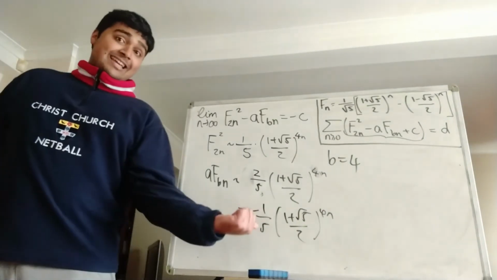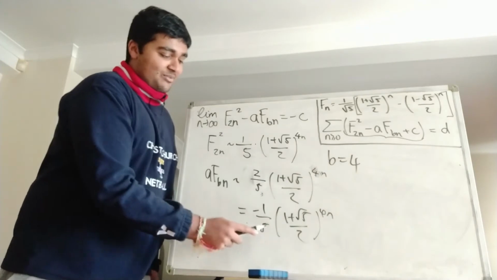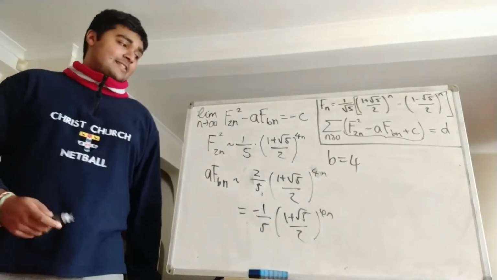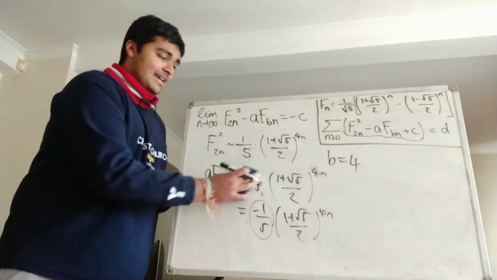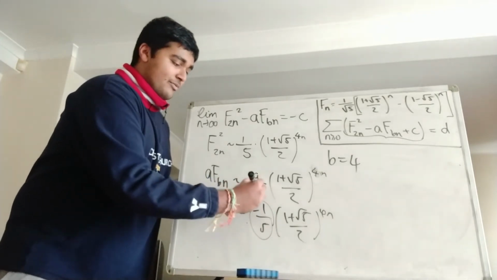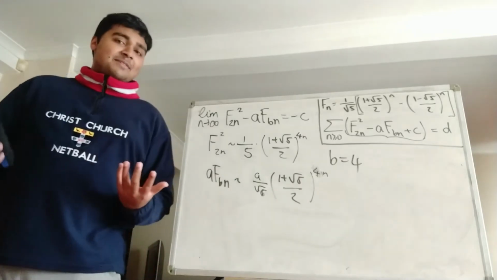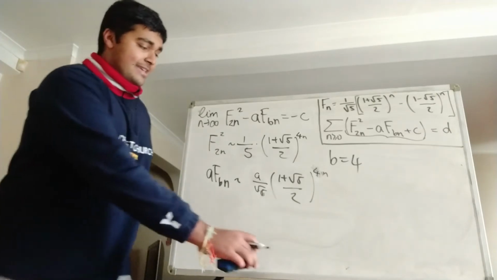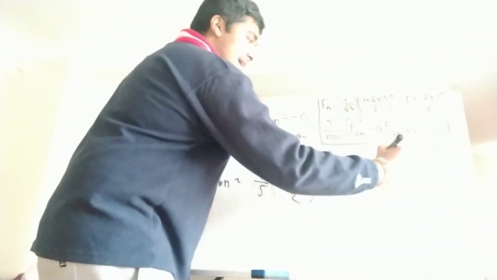And obviously this guy is going to diverge off to negative infinity, because this thing turns to infinity and this thing is non-zero and negative. So we need this number to be 0 for this to tend to 0. So if we go back to what we had before, we had a over root 5. When we look at the difference of these two things, for that to be equal to 0, we must have that a equals 1 over root 5, so that this guy just equals a fifth. So we have that a equals 1 over root 5, like so.